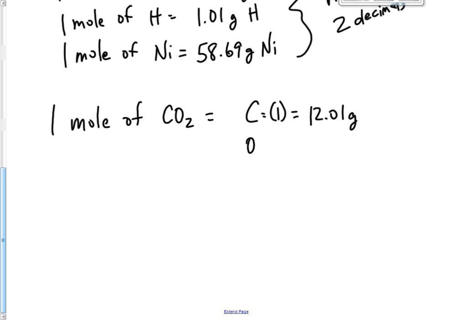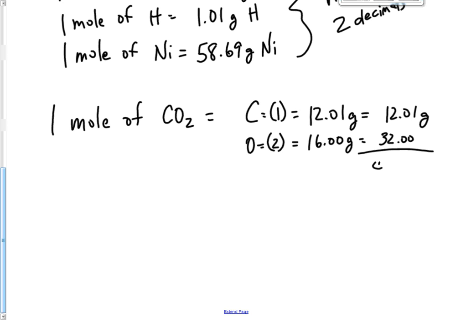All right, and oxygen, there are 2 of them, and each one gives us 16.00 grams. All right, so 2 times 16 gives us 32.00. So when you add these together, you get 44.01 grams of CO2 is equal to 1 mole of CO2.